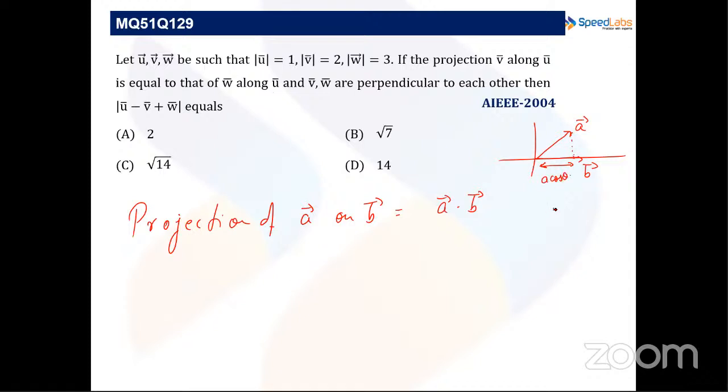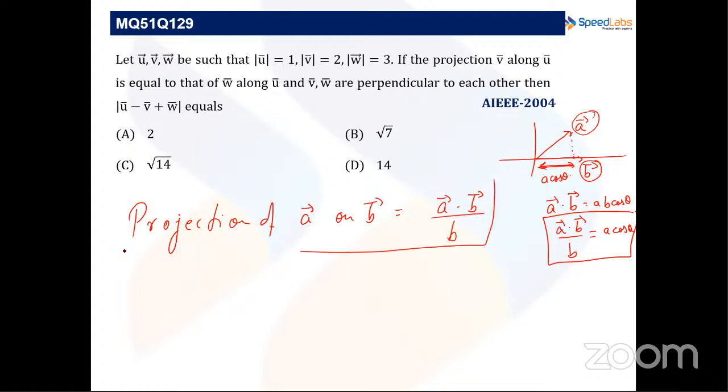To find a cos theta, we have a dot b is mod a mod b cos theta. So it will be a dot b upon mod of b, that will be a cos theta. So a cos theta is the projection of vector a along vector b. So this is the general formula.